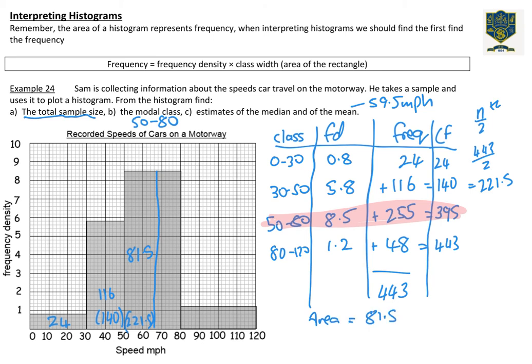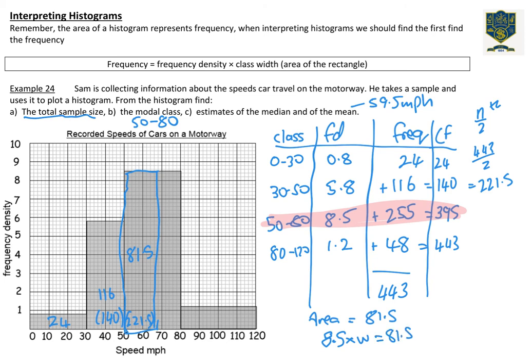Now we know the height of the bar is 8.5. So that means that 8.5 multiplied by the width of the bar, so this blue bar, height times width, because it's a rectangle, will give us 81.5.